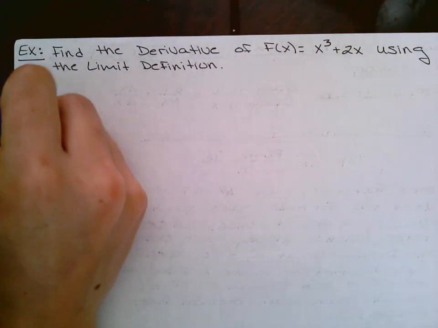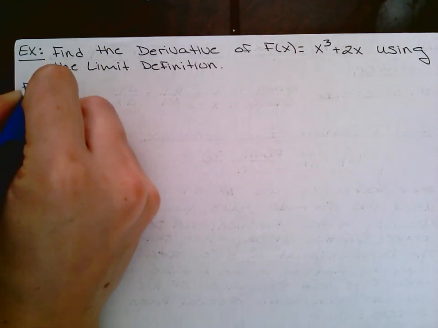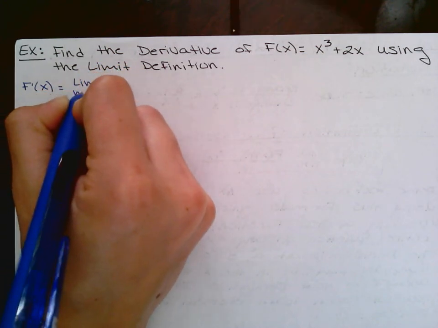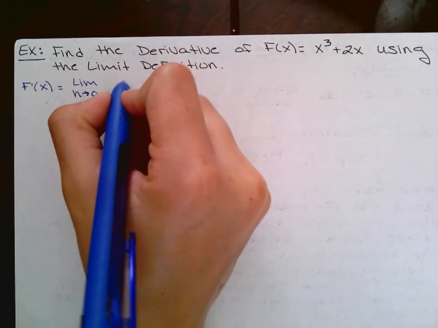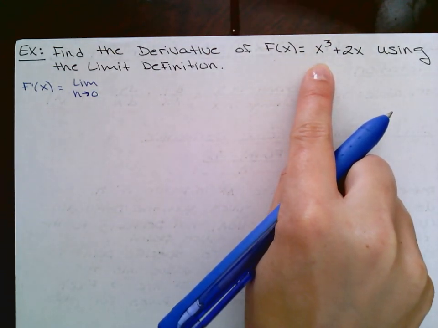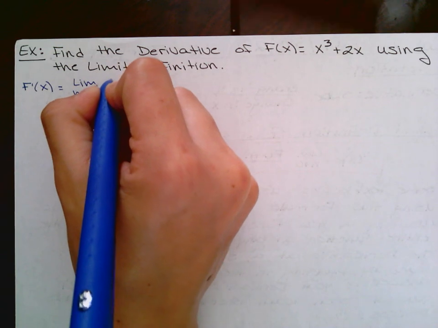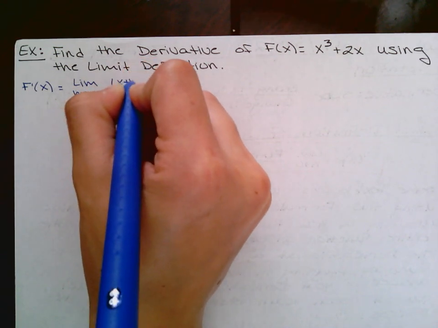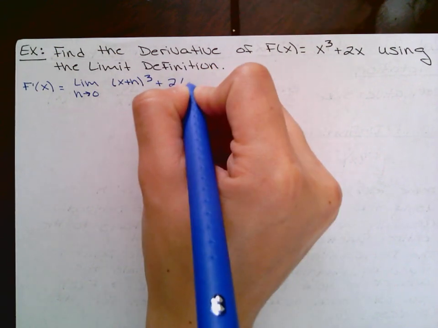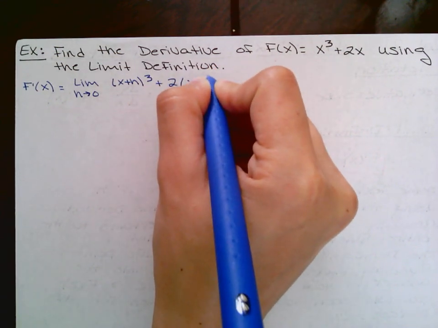So step 1, f prime of x equals the limit as h approaches 0 of, I'm going to rewrite the function, but everywhere there's an x, I'm going to put x plus h. So I need to say x plus h cubed plus 2 times x plus h.